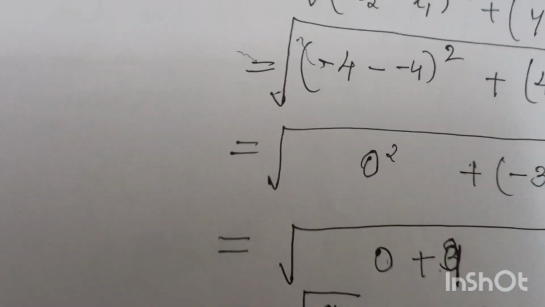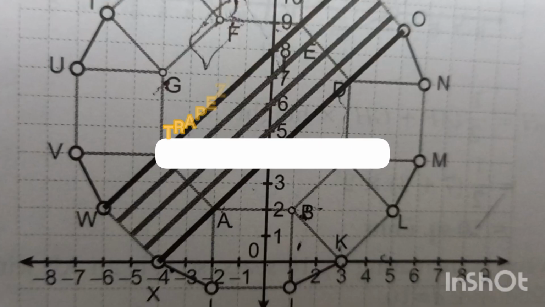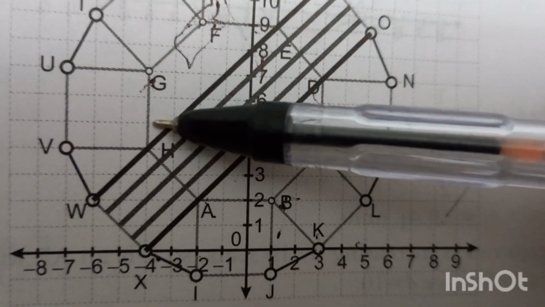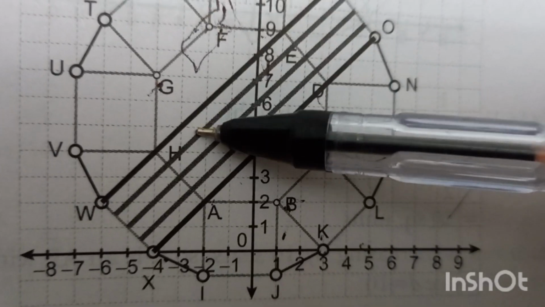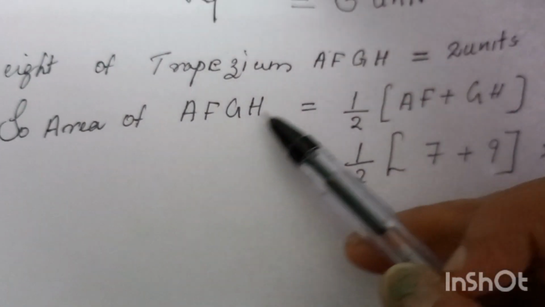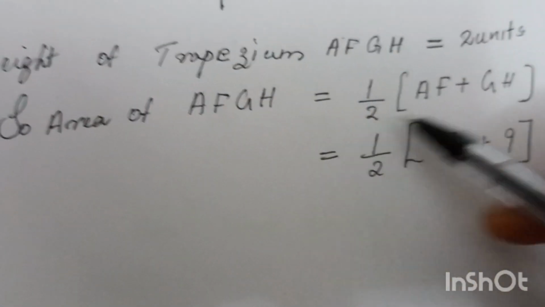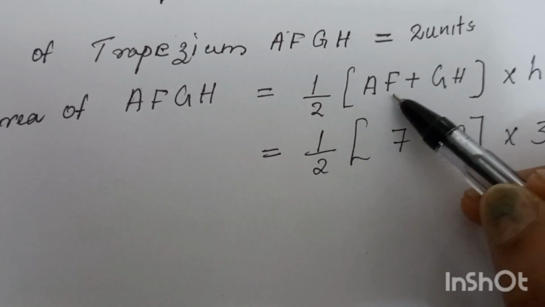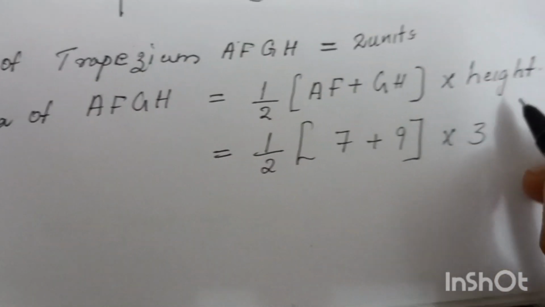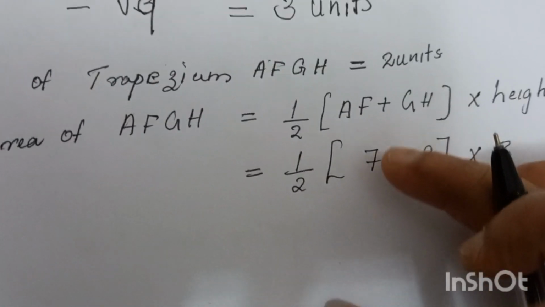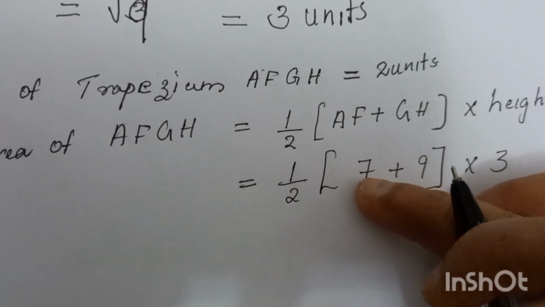The next step, height of trapezium AFGH is equal to 2 units. So area of trapezium AFGH is equal to half into sum of the parallel sides AF plus GH into height. So half into, what is AF over here? We already found that it is 7.